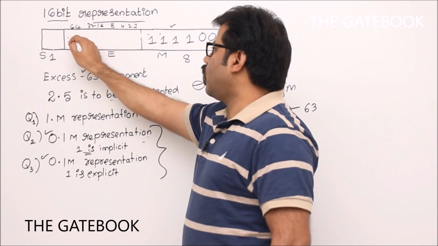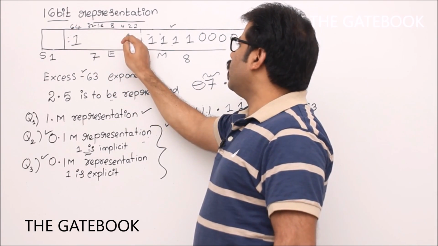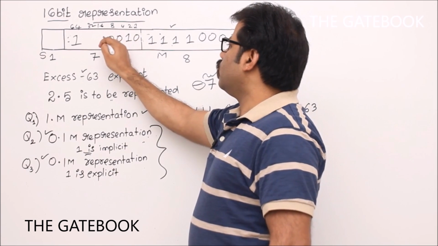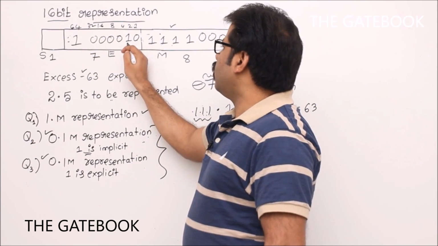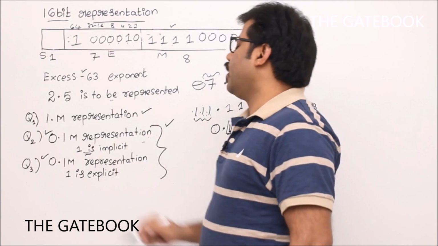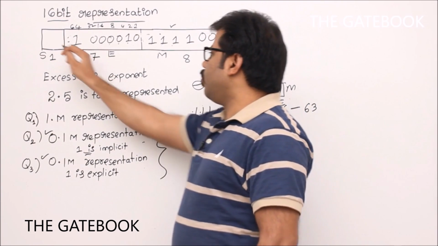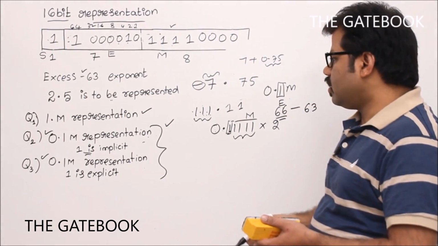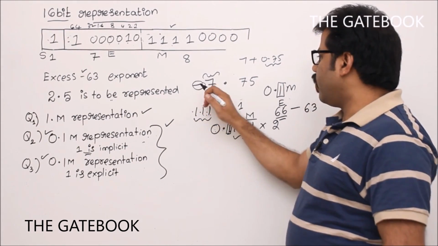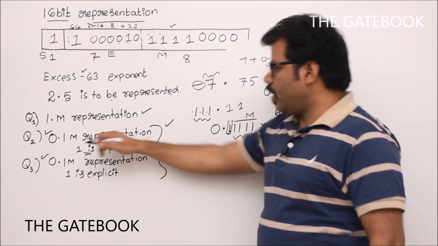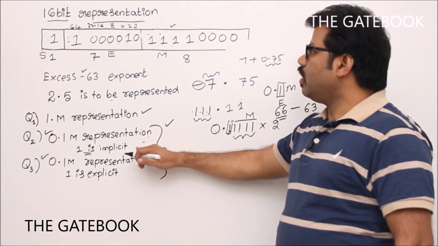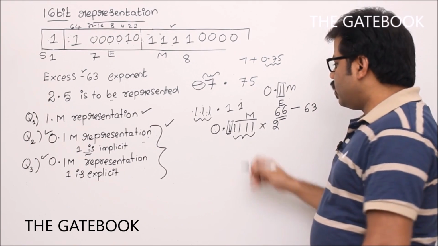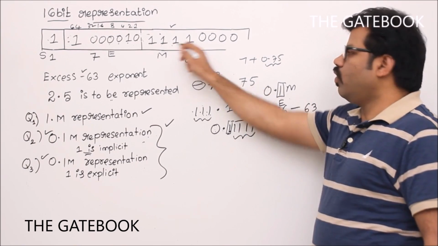To have 61, 32 plus 16 plus 8 plus 4 plus 1, remaining things are zeros. So this is 1, 2, 3, 4, 5, 6, 7. Yeah, exponent is done, but it is a negative number. That's why here minus, that means 1. So this binary pattern represents 7.75 in 0.1m representation, where 1 is implicit. Understand? So instead of 5 ones, we only have to write 4 ones.